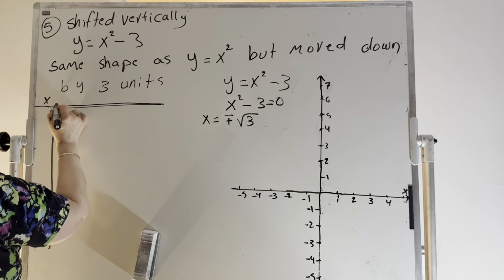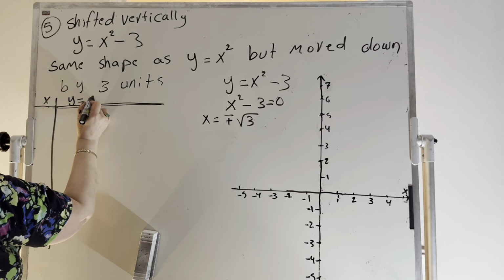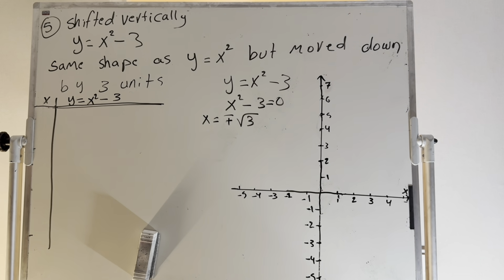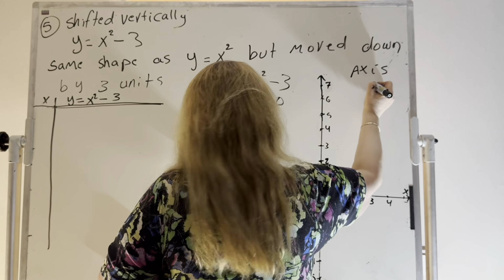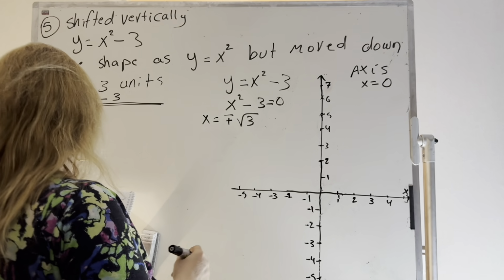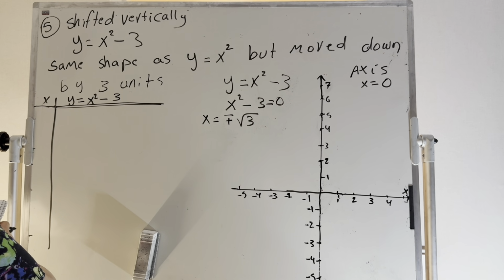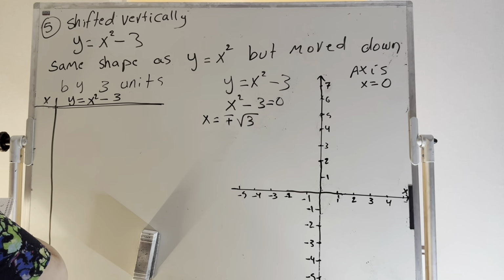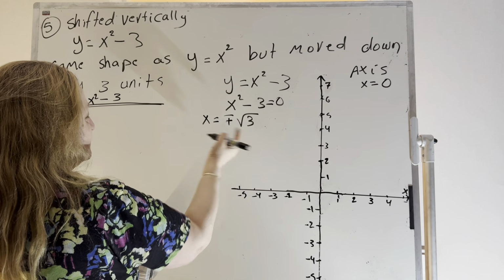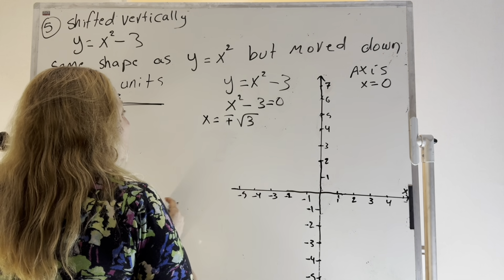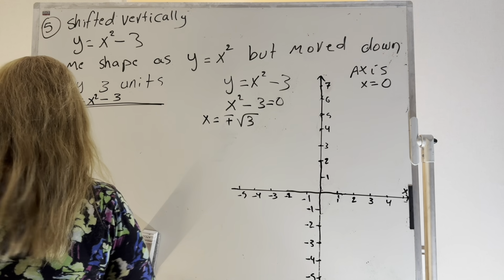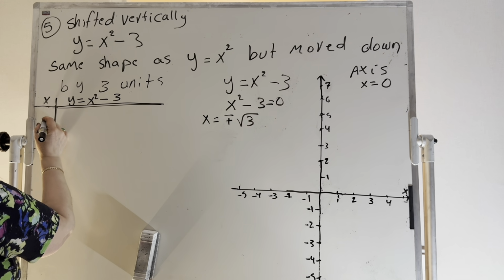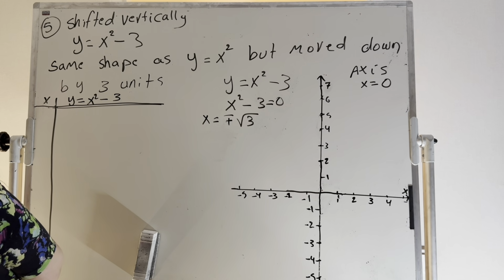I will choose x values, and I'll always begin with when x equals 0. And the two roots, x is minus root 3 or plus root 3, which is minus 1.7 or plus 1.7.